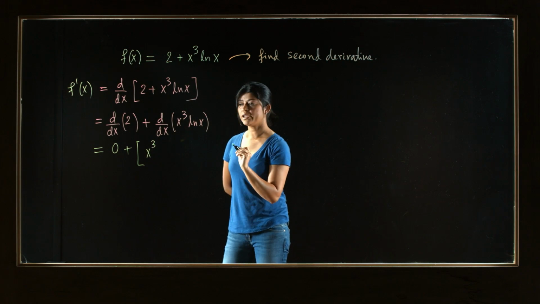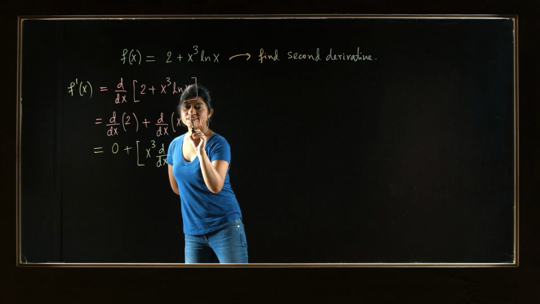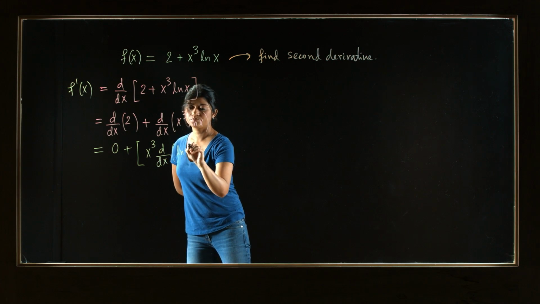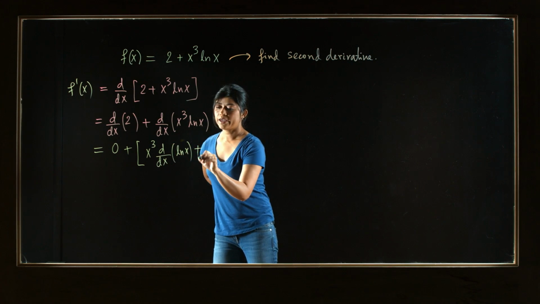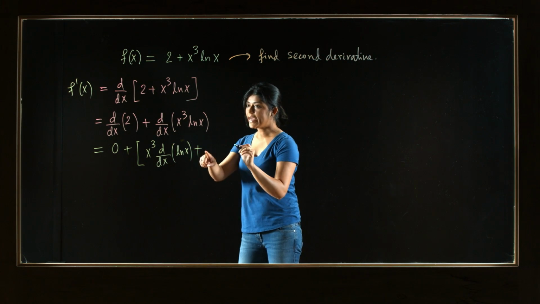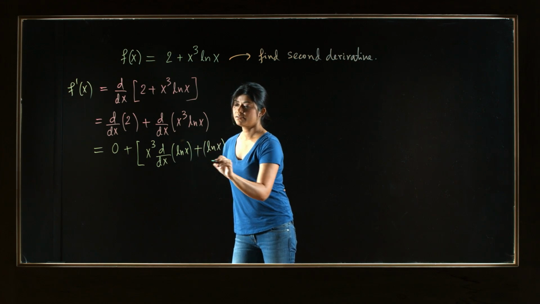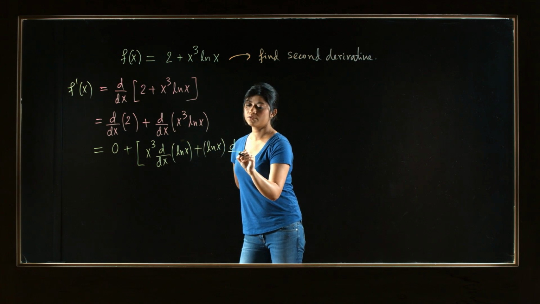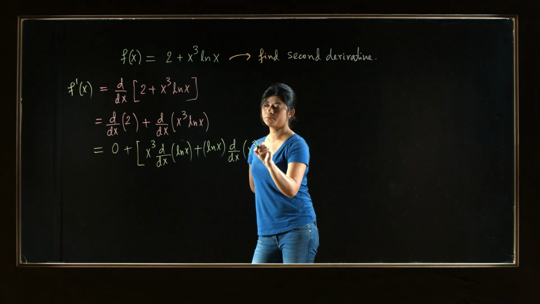So write it down, x cubed, and take the derivative of the second function. Then you switch their roles and add. So you keep the second function as it is and take the derivative of the first function, which is x cubed.